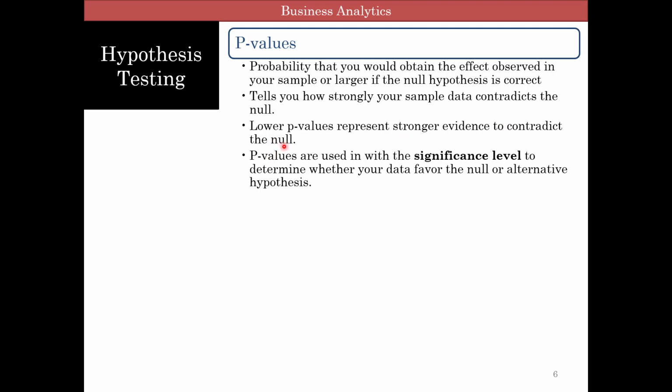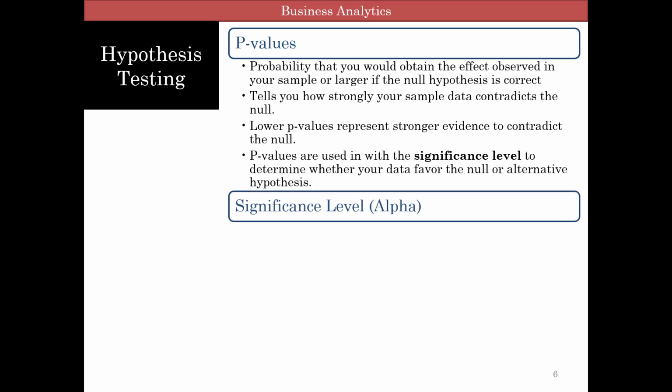It is less likely that the effect observed in your sample happens if the null hypothesis is correct. So it's stronger evidence to contradict the null. P-values are used with the significance level to determine whether your data favors the null or alternate hypothesis. Remember again, smaller p-values give you stronger evidence against the null.